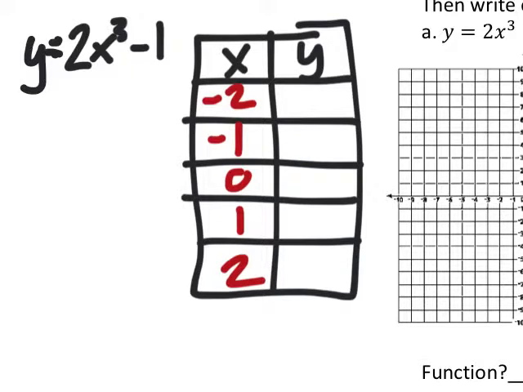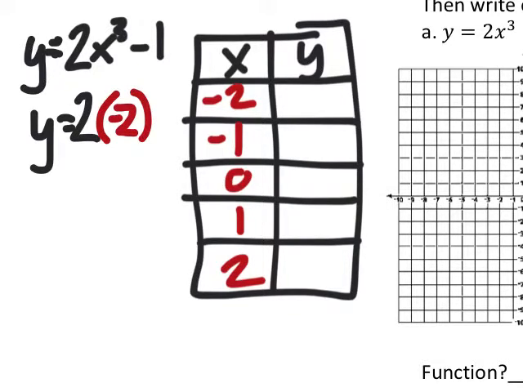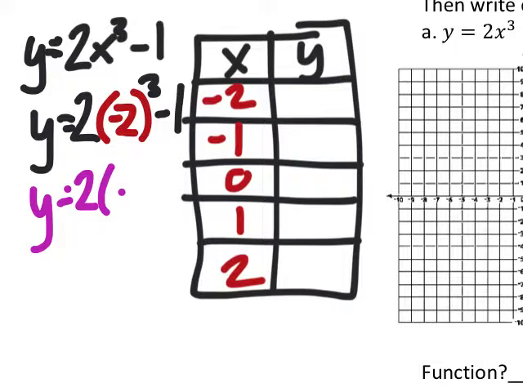So just like we did in number 1, we can rewrite this as y equals 2, but now x is replaced. I'm going to start with that negative 2, and this is cubed minus 1. So following the order of operations, we get y equals 2 times, this would be a negative 8 minus 1.